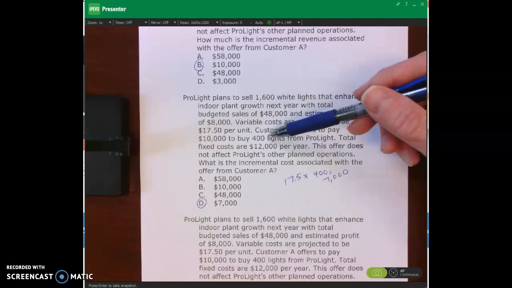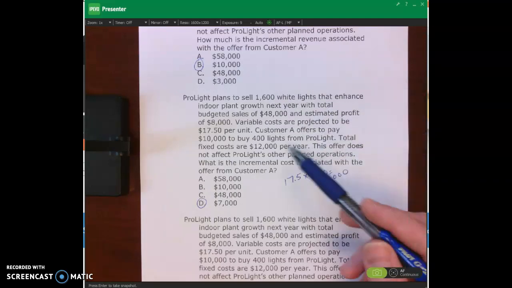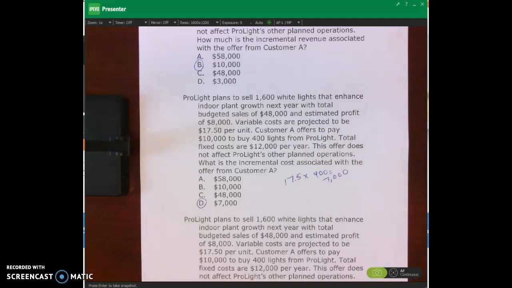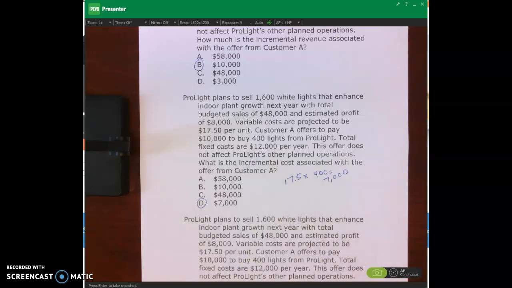If we decline this, and by the way, this problem is a special order, okay? If we decline this special order from the customer, we still have the fixed costs of $12,000. So regardless of whether we take this order or reject the order, we still have these fixed costs of $12,000. Therefore, it's not a differential cost, or the other way to say that is it's not an incremental cost.